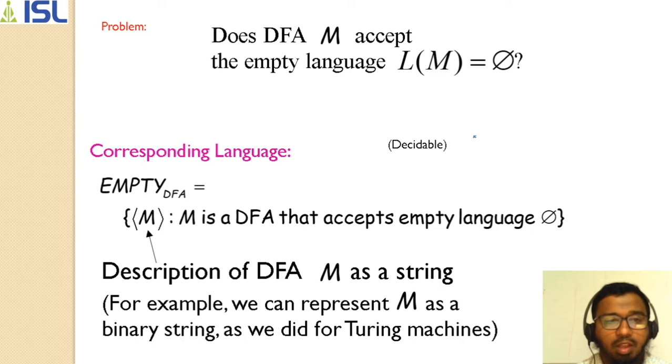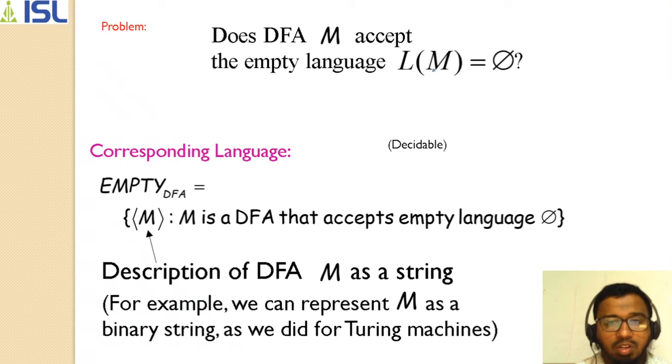Next, if I have a problem: does the DFA, deterministic finite automata, M accept the empty language, that is, L of M is equal to phi. So if my language is empty, then empty DFA is: M is a DFA that accepts the empty language.